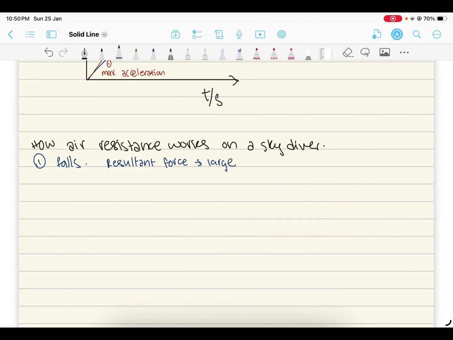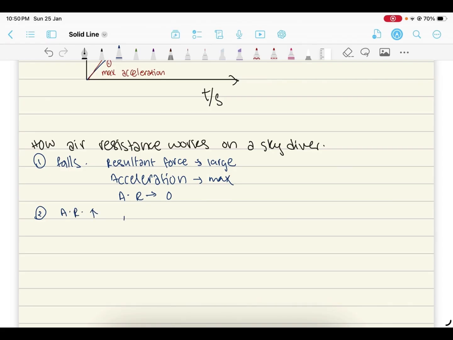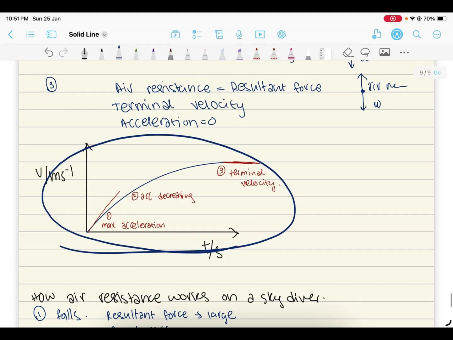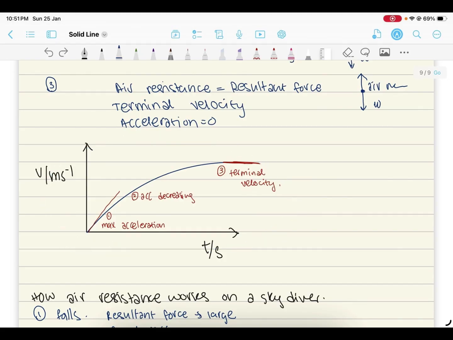I think it'll be the highest right now. And then the first 3 steps will be the same as earlier. Acceleration is going to be max, air resistance 0. Then as they fall, air resistance increases, and so acceleration slowly decreases. Then terminal velocity, as earlier, is reached. These 3 steps are the same here too.